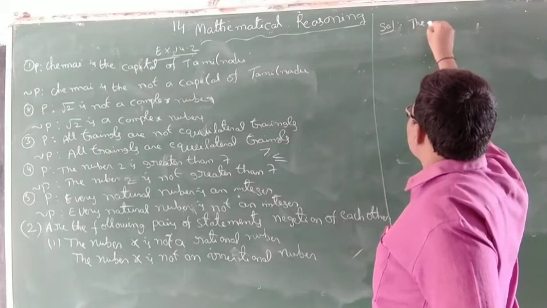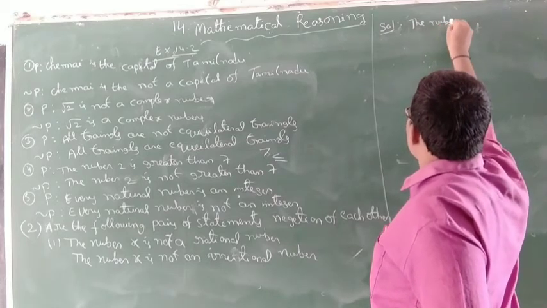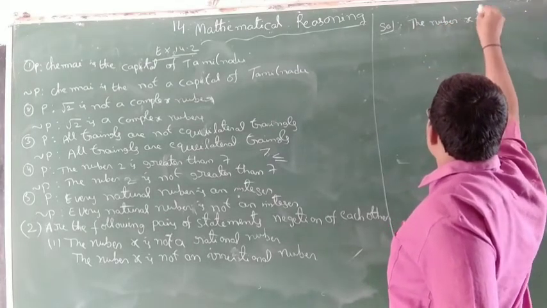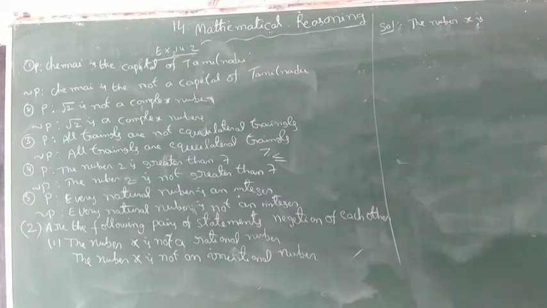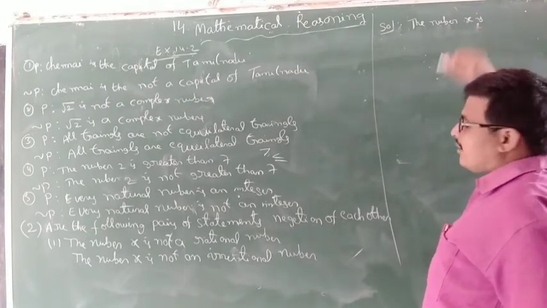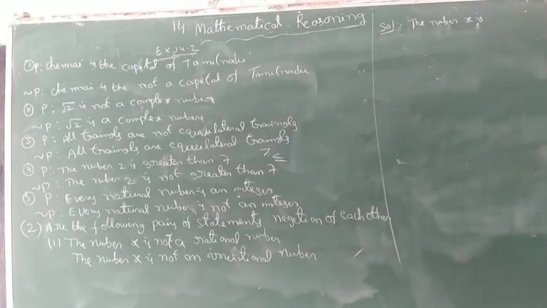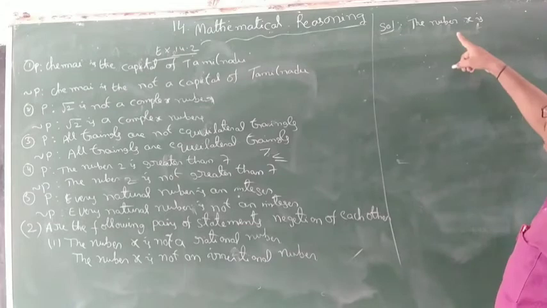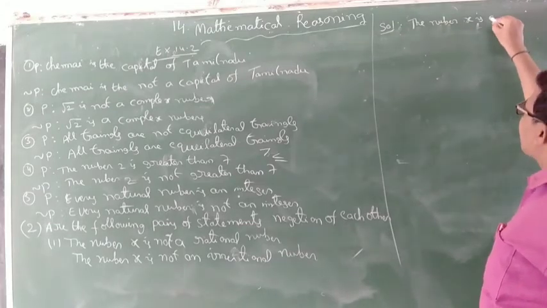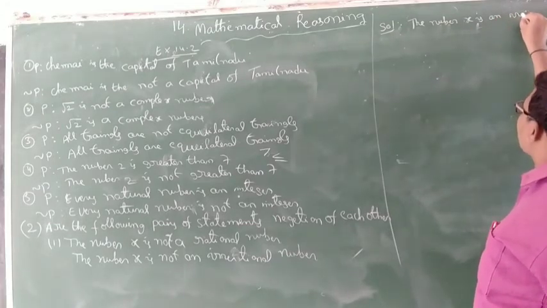The number x is not a rational number. Not a rational number means irrational number. The number x is an irrational number.